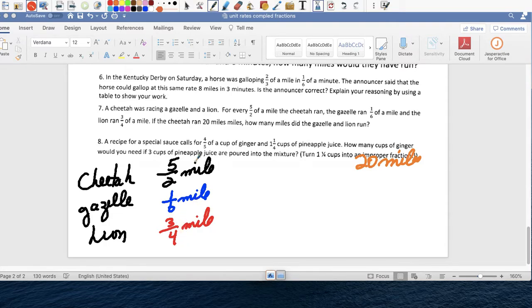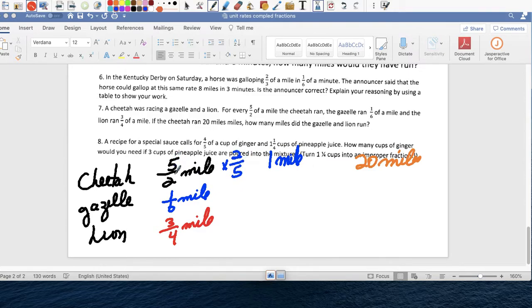So I'm going to use unit rates. I'm going to change this to a unit rate. Give me a second, I'm trying to figure out. So here's what we're going to do. When the cheetah runs 1 mile, I'll multiply this by 2/5, right?